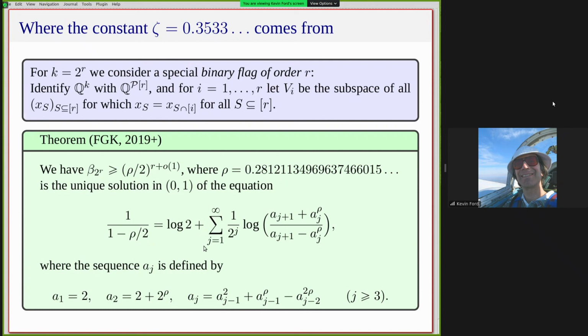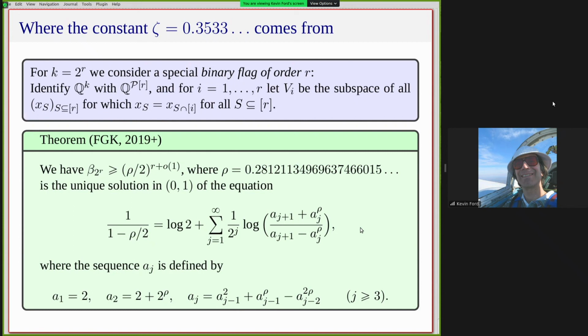At first glance, it's not even obvious that rho should exist or be unique, but it is. And the main reason is because the terms in this sum are rapidly decreasing because of this 1 over 2 to the j. So this is a rapidly convergent sum here. Even though the a sub j's here are growing very rapidly, we're taking a logarithm, so that nullifies the growth.